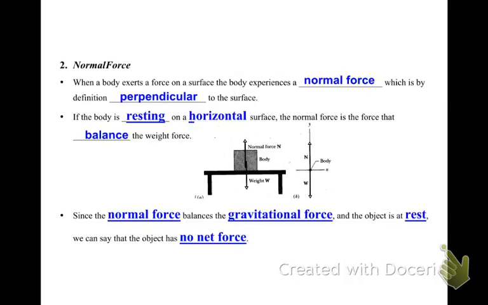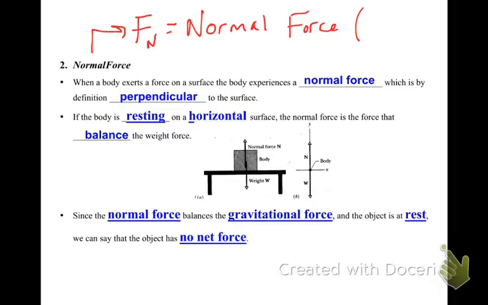So our next type of force is known as the normal force. The normal force is depicted by this representation, F sub n, that equals our normal force. And again, our units for any type of force are going to be newtons.